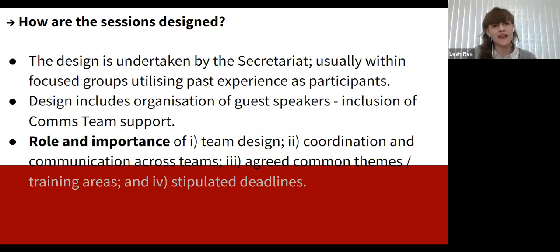Because then, if there are sudden changes around what should be factored into presentations, maybe you wish to have more of a visual element, or you wish to utilise more of a hands-on, practical, interactive component, if the work is broken down into tasks, then we can readily incorporate those ideas or modify them if they were already present. So deadlines and a feasible work plan that's broken into smaller tasks are also very crucial in the design framework of a training programme.